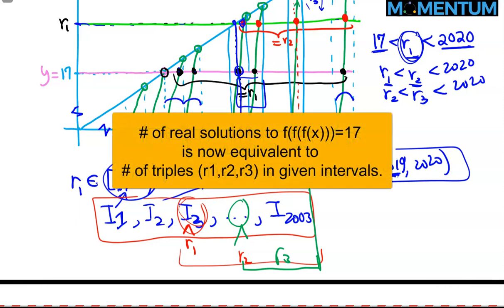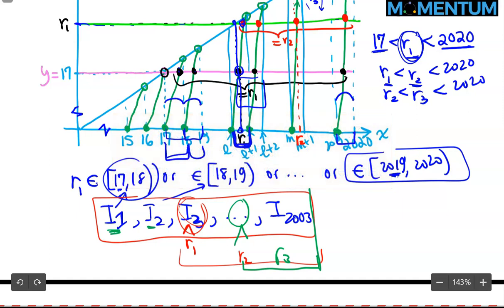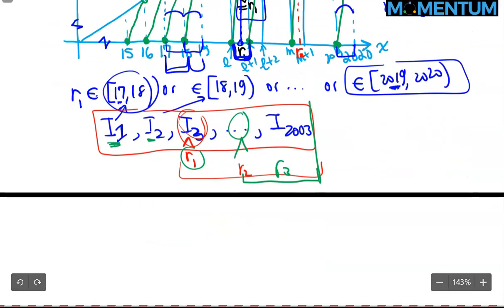So therefore, the rest is just counting how many ways we can choose them. Instead of calling them intervals like I1, I2, I3, I can call them 1, 2, 3, all the way up to 2003. Choose R1, R2, R3 from the integers 1, 2, 3, right?